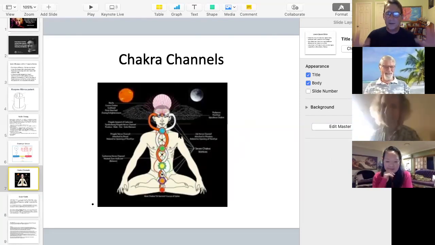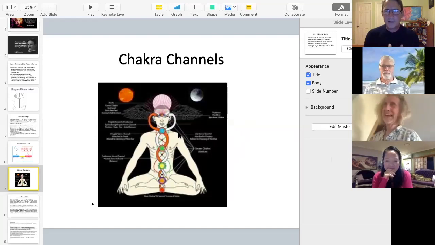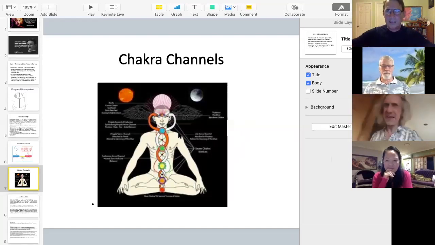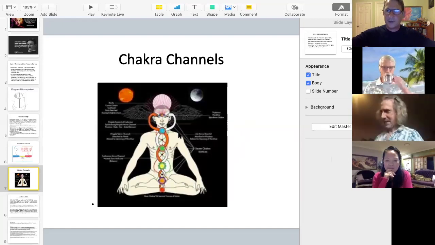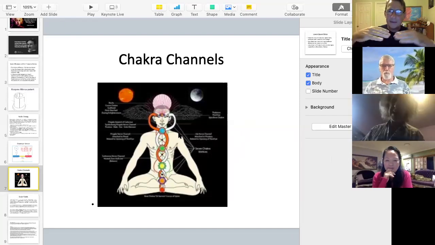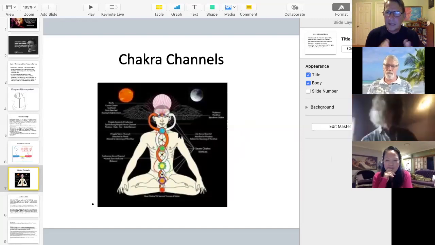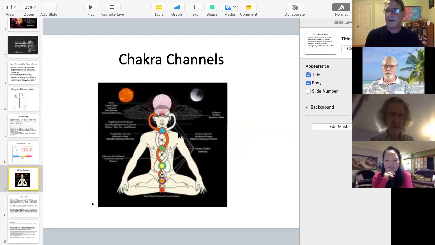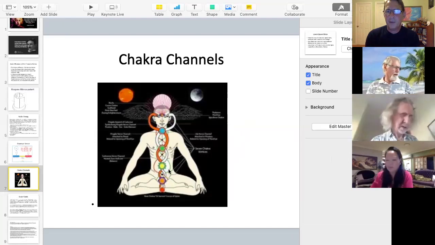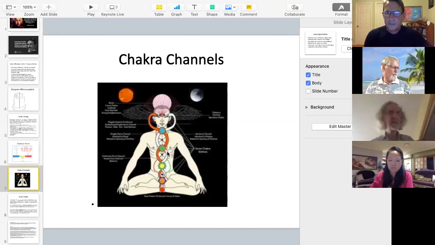So the reason I'm showing you this is that most people have an understanding of the chakras and how they pull the energy down through the different layers of consciousness. Each layer of consciousness has its own set of chakras and its own meridians. And then we have these interconnecting structures between the chakras, all right? Now, not a lot of people know the function of these channels. They're called various names, the Ida and the Pingala.